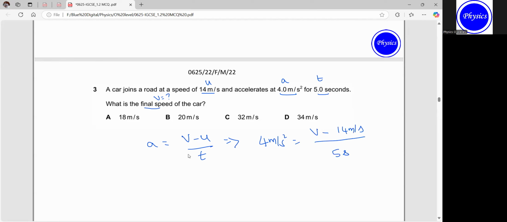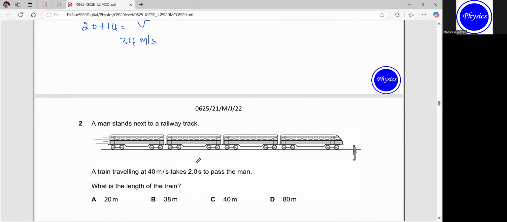Let me just do it without the units. 4 times 5 is equal to V minus 14. So this is going to be 20. Then this 14 is going to come to this side as plus 14. That will be your V, which is 34 meters per second. So it's D. Okay, the next one.